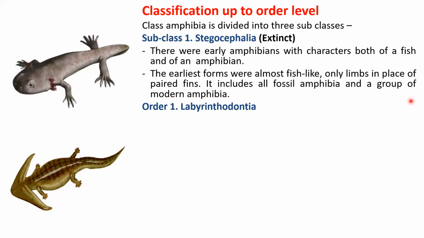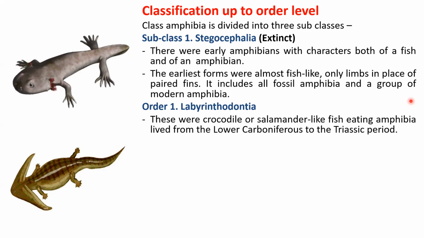Then the order Labyrinthodontia. These were crocodile- or salamander-like fish-eating amphibia, which lived from the lower Carboniferous to the Triassic period. So you can see that these are the amphibians.